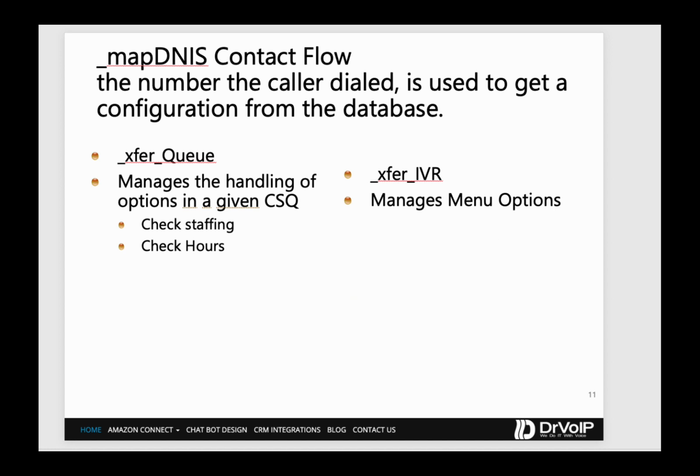So the contact flows, again, the DNIS is going to be used to go into the database and pull out the information we need. Typically, it's going to transfer the call off to something called transfer to queue, which is a contact flow that manages the handling of the options for a given customer service queue, things like check the staffing, see if anybody's working, check the hours of operation, etc. And also, the option would be to transfer them to an IVR menu, and this would manage the handling of that call that's in the menu of options that is offered to the caller.